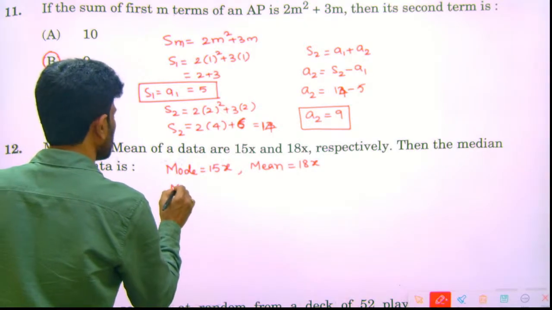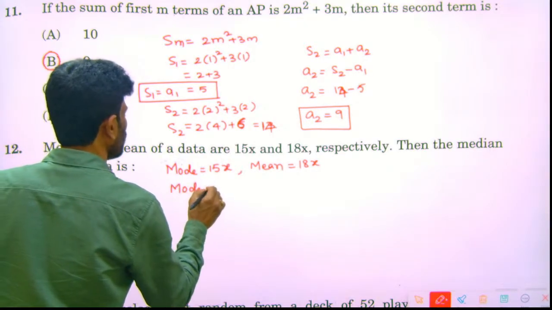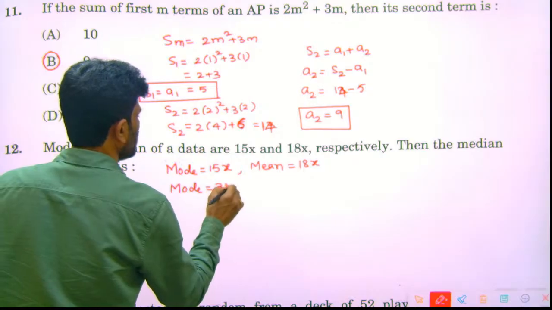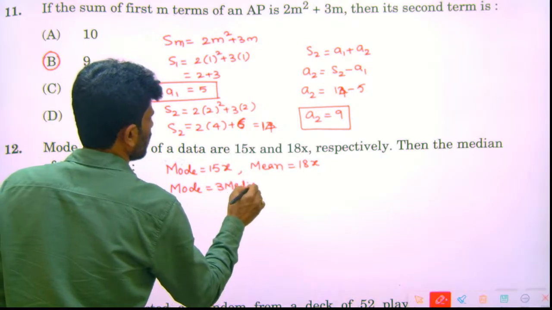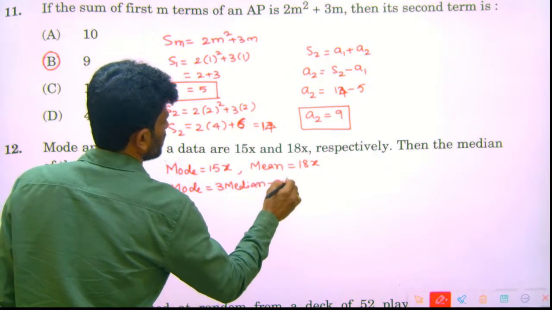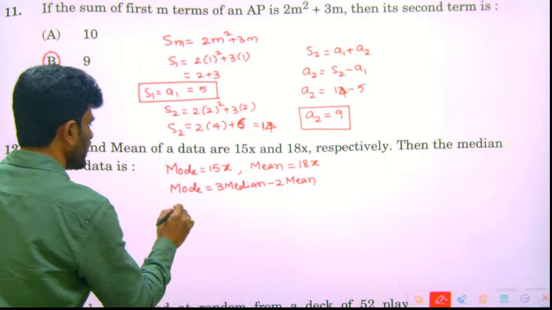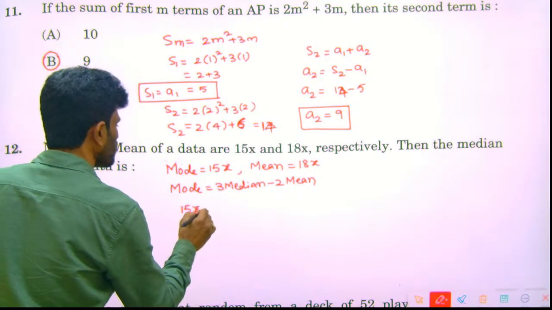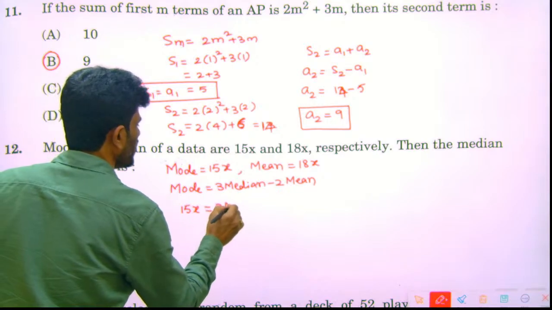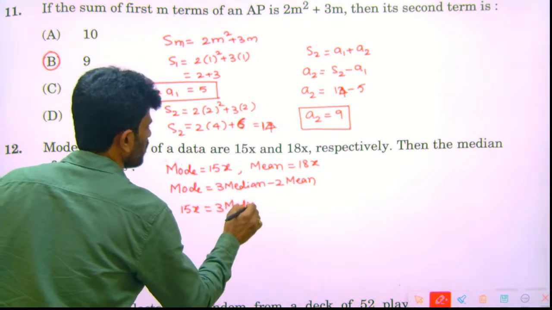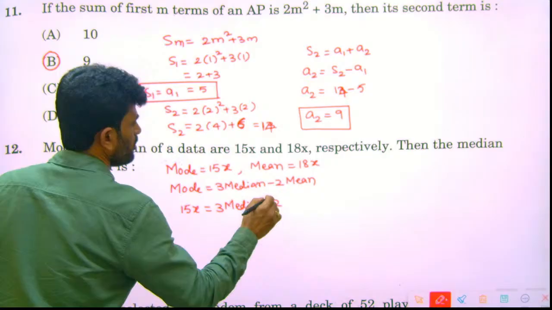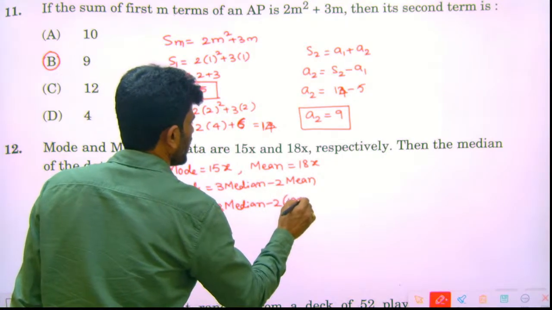We have a relation: mode is equal to 3 median minus 2 mean. So substitute in this. Mode is 15x, right? 15x is equal to 3 median, median we don't know, minus 2 into mean, which is 18x.